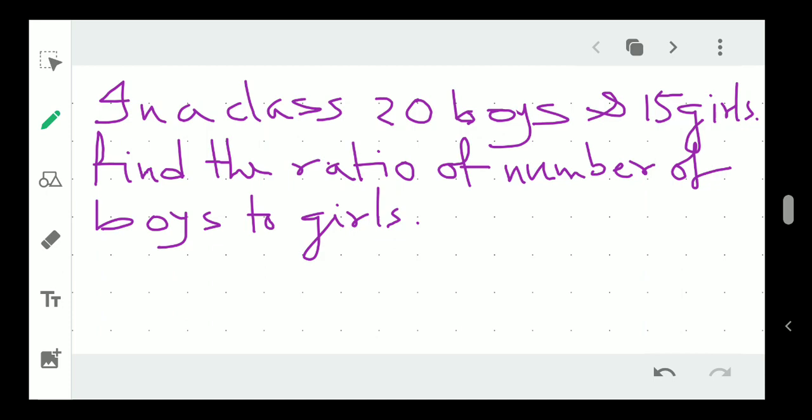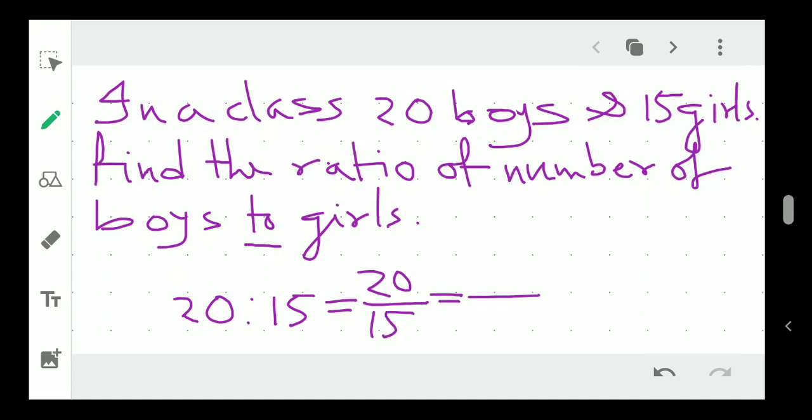So before the symbol, who is there? Boys are there. So for boys I know that 20 is my boys, is to girls how many? 15. So girls come after the symbol, so after it I will write 15. So that means 20 by 15. So I can simplify 20 as 4 into 5, and 15 as 3 into 5.